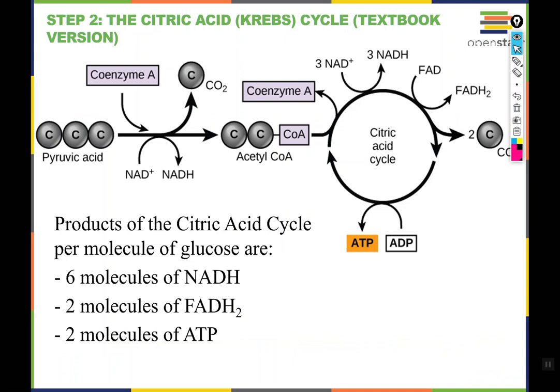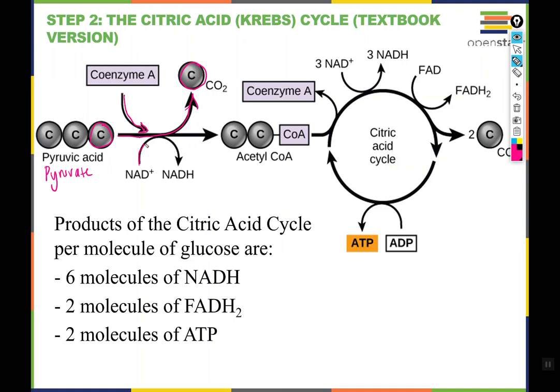So here's what that looks like. The citric acid cycle / Krebs cycle / TCA cycle looks like the following. We have pyruvic acid, aka pyruvate, and it's a 3-carbon molecule, but that last carbon, so this one, is going to exit in the form of CO2, and taking its place will be coenzyme A. So it's going to stick in the place where the carbon used to be.